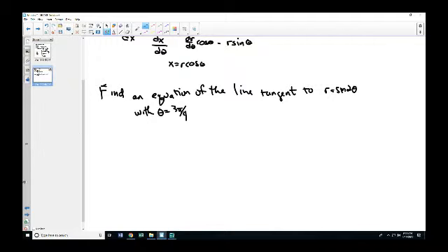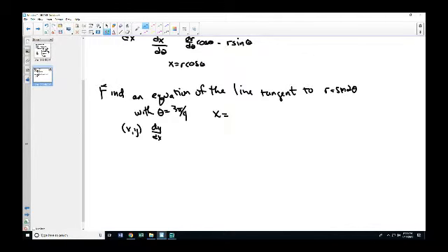Okay, what do you need when you write the equation of a line? You need x, y, and you need the slope, right? So how would I find x and y here? Plug theta into the original equation to get r, then plug r into the x and y equations.